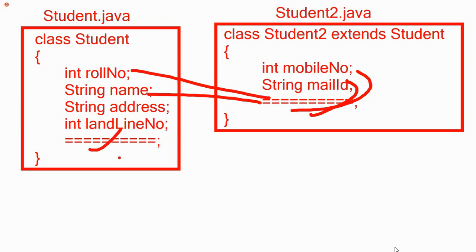Here in this method, write roll number, name, address, landline number. Here in this method, write roll number, name, mobile number, mail ID. But address and landline number, memory is allocated but not printed. So you'll think memory is wasted. But memory wasted, time saved, money saved. So many advantages are there, no?